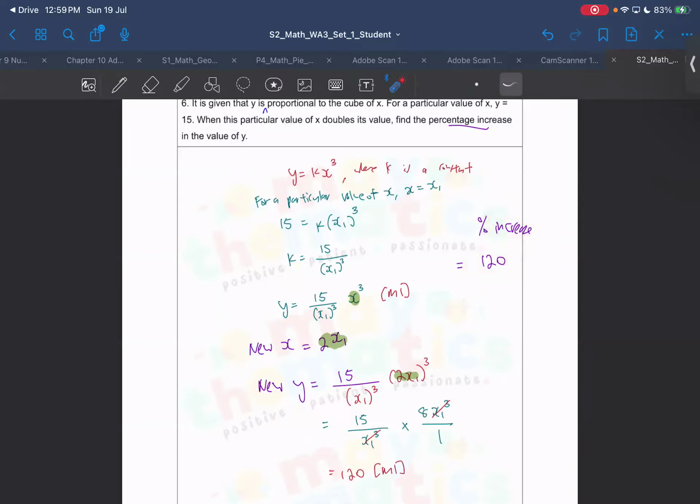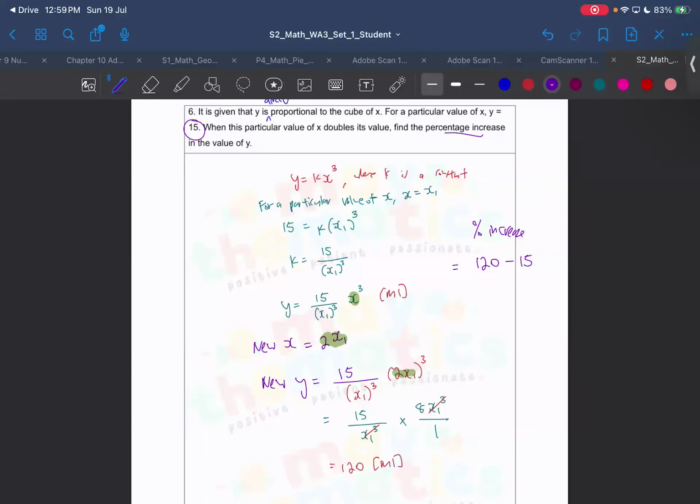You want the specific increase. If you put new over old, that is if the question asks you for the fraction of the new value. What is my old? 15. Can you see or not? Previously the question told you y is 15. So this is my old value. Times 100%. What is the answer? 700. Okay, A1.